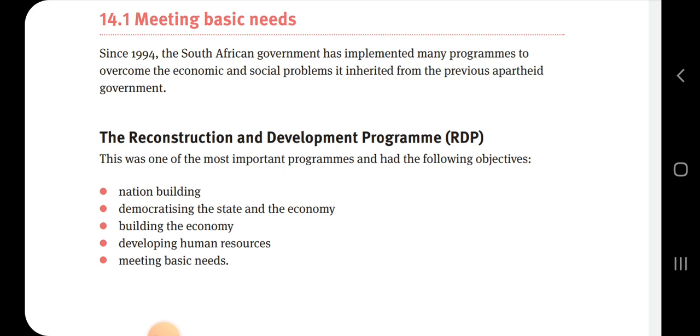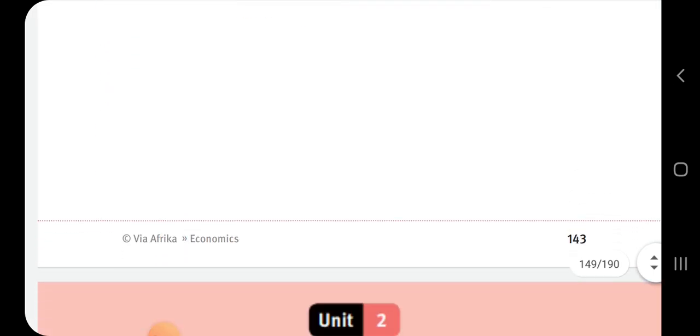That's why people gain access to housing. Housing shelter is a basic need in South Africa. So for them to meet the basic needs of previously disadvantaged South Africans, they introduced the RDP, the Reconstruction and Development Program, and we have seen it build houses and continue to build houses for the less privileged.